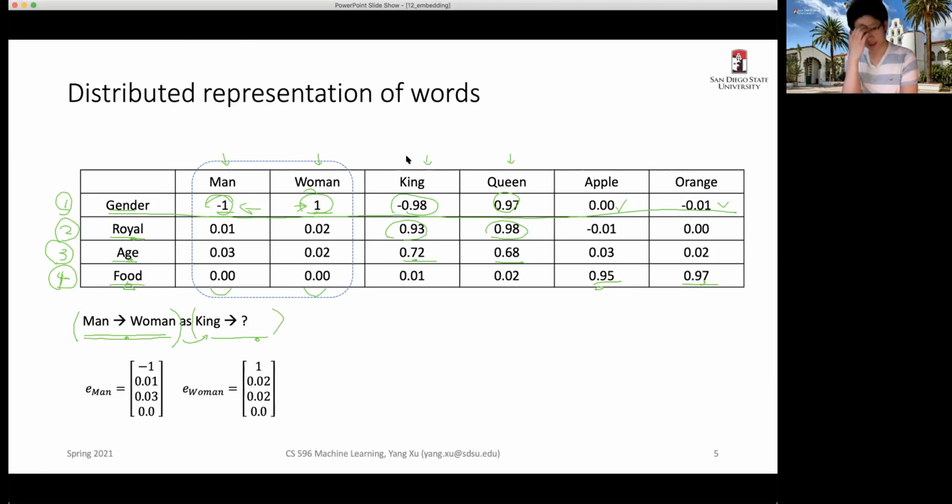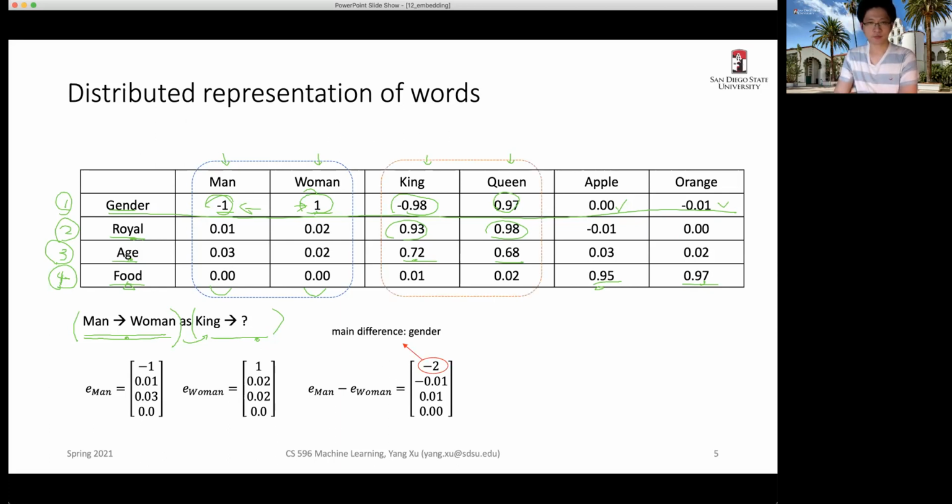We can use these vectors to make such an inference. We take the encodings for man, from the first column, and the encodings for woman, from the second column, and directly subtract the vector of woman from the man. It will give us this distance matrix, and we can find that the main distance is in gender.